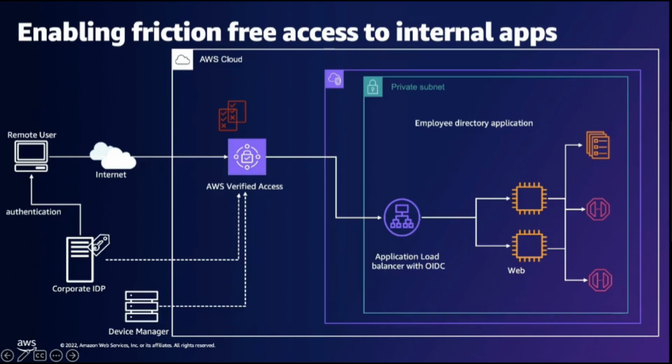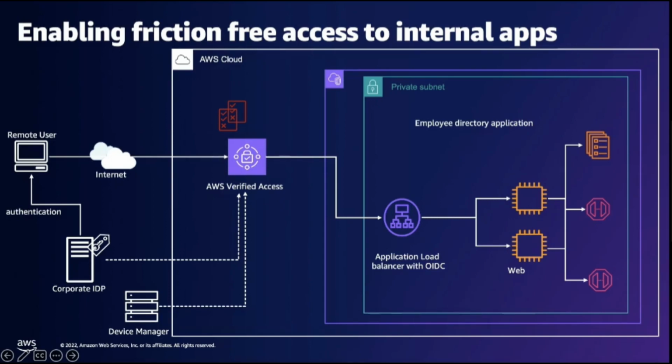Well, if they're able to get your ID token, they'll still need your AWS credentials, because they'll still need SigV4 signatures being passed to Verified Access. So they'll need to get your AWS credentials and also get your ID token somehow. Let's say they do get that. Verified Access is able to have a look at the location where the person is coming from and the device that they're coming from, and use those as signals to make sure that there aren't any anomalies before it allows access into the application.